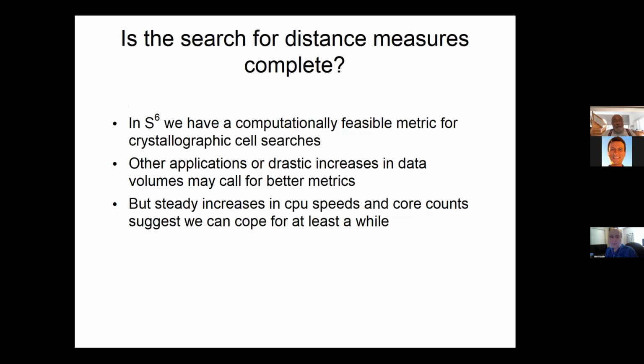So we've now come up with software. It's a feasible method. It's fairly fast to calculate. But we're getting more and more CPU speed, and core counts help.